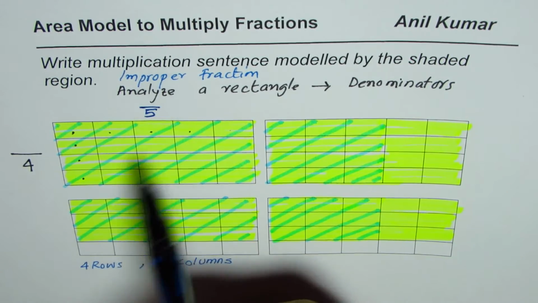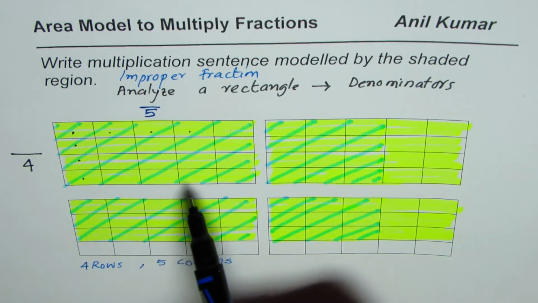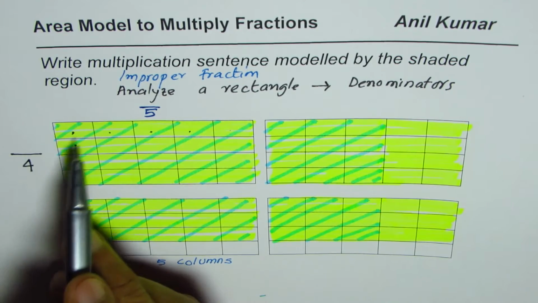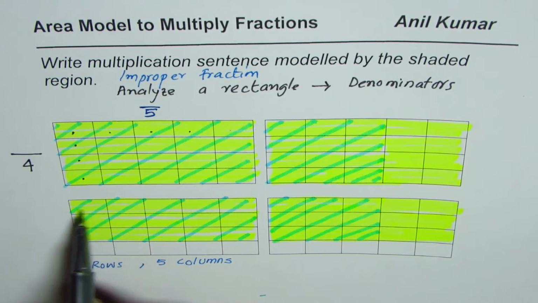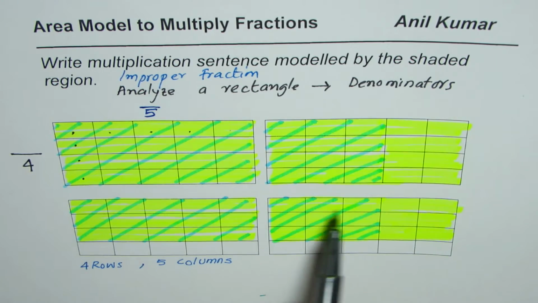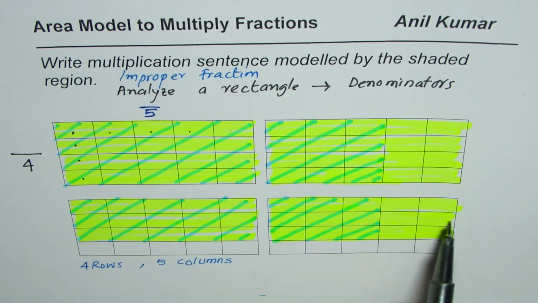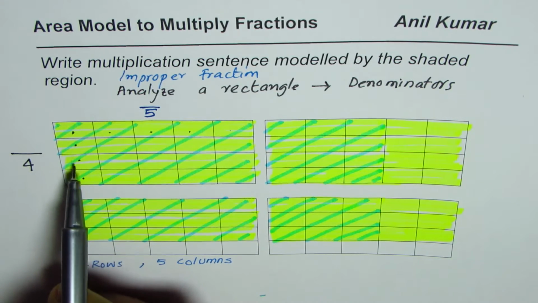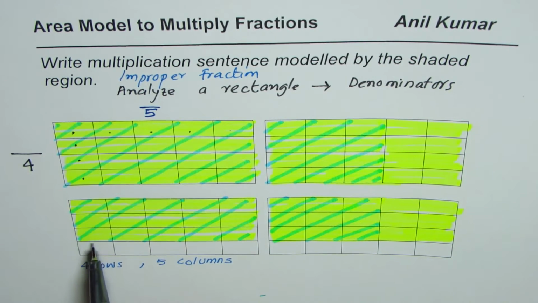Now, what fraction will this area represent? For that, we simply count how many rows have been shaded. This yellow region seems to be shading of the rows, since it goes till the end. So it is 1, 2, 3, 4, 5, 6, 7.